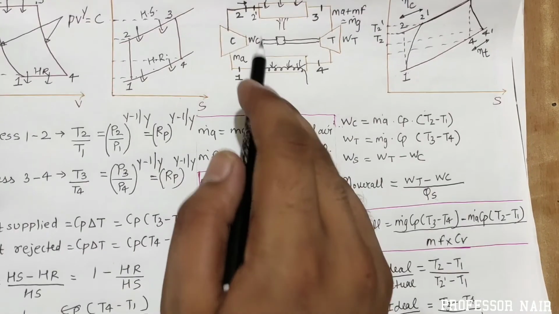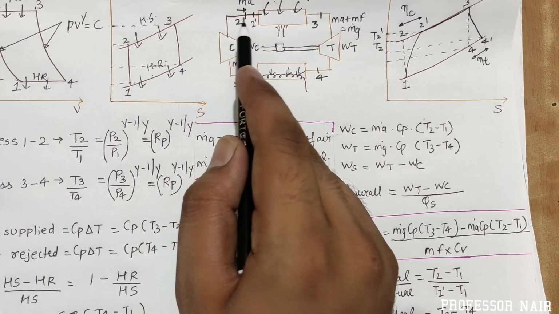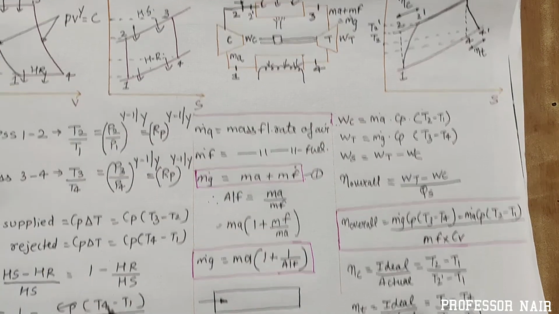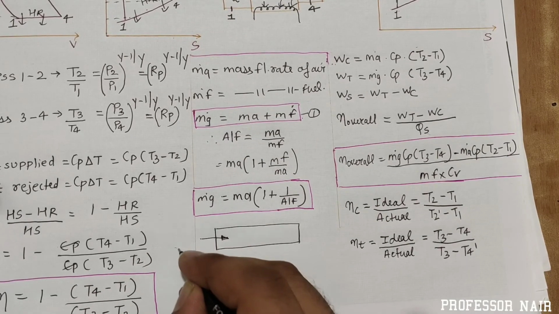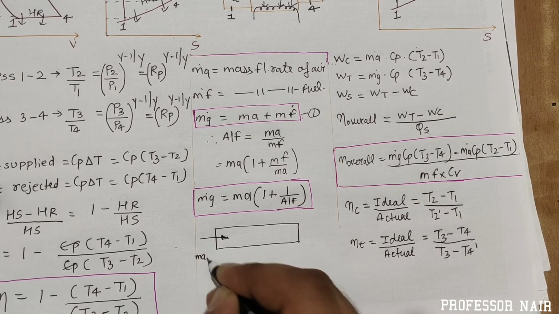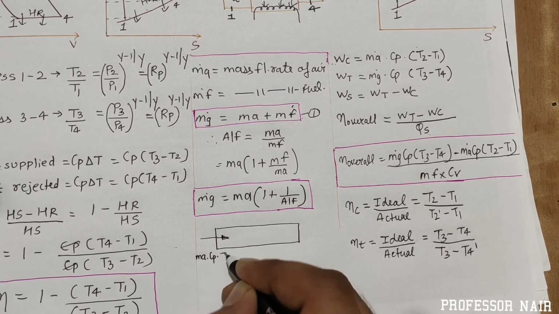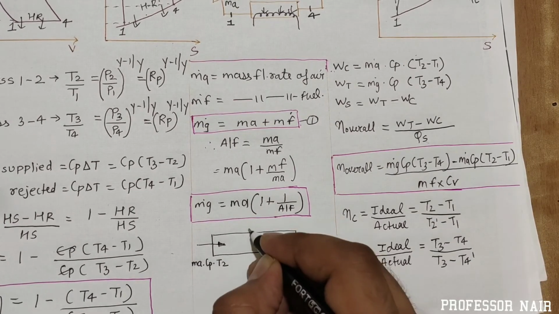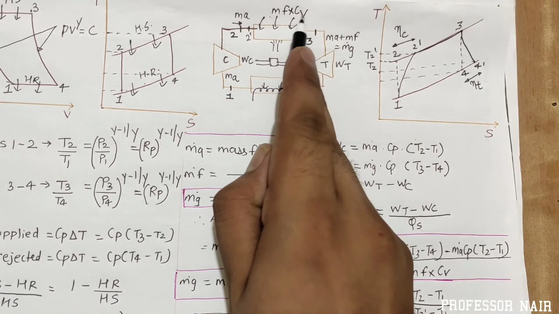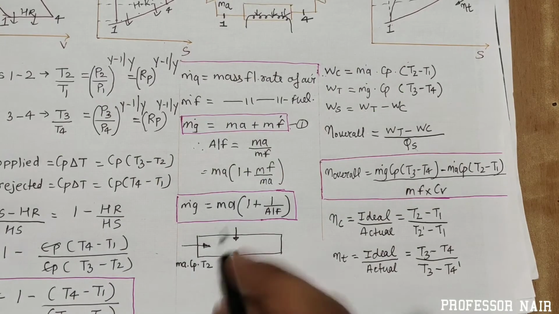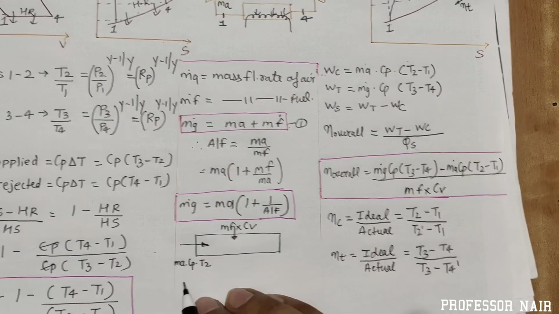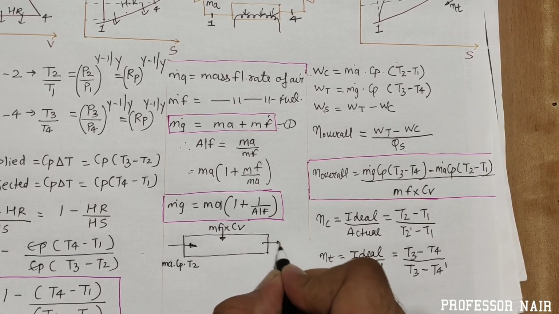Look, the input here is at T2, so MA into CP into T2. What is getting added here? Mass of fuel into calorific value, so I will write MF into CV.